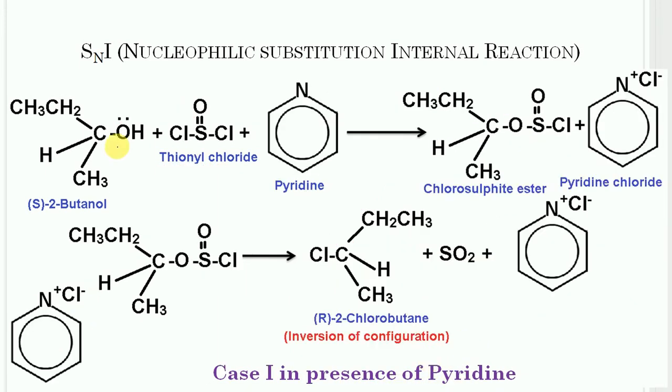Now case number 2. In this case, S-2-butanol is treated with thionyl chloride, but this reaction will take place in the presence of pyridine. So first of all, in this case, chlorosulfite ether will get formed along with pyridine chloride.